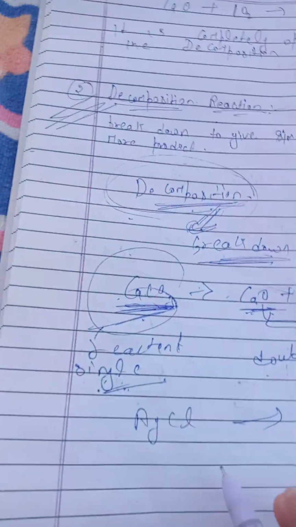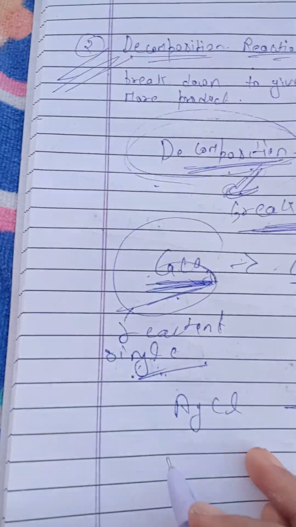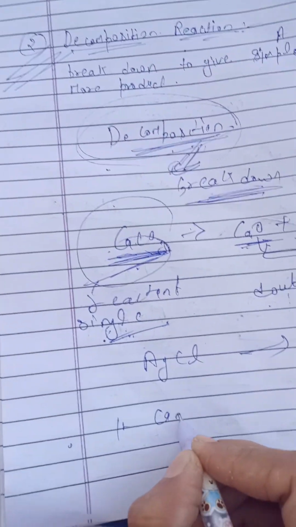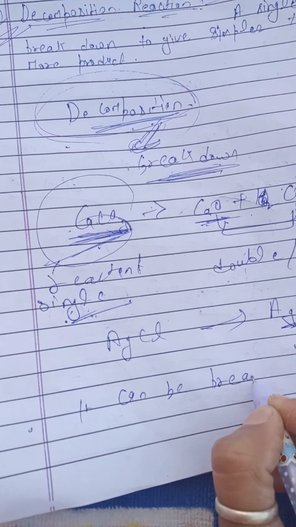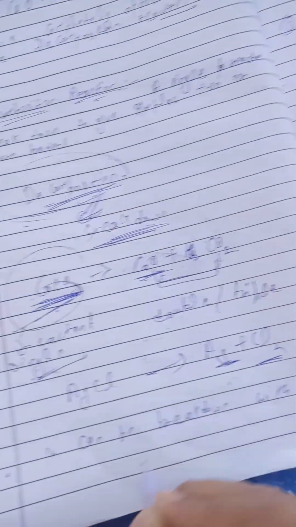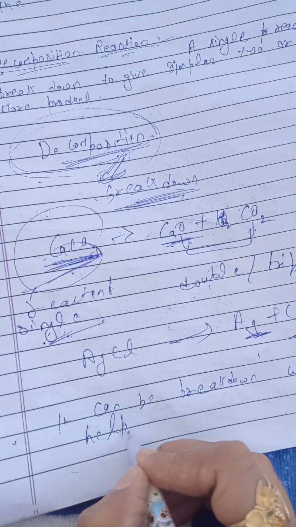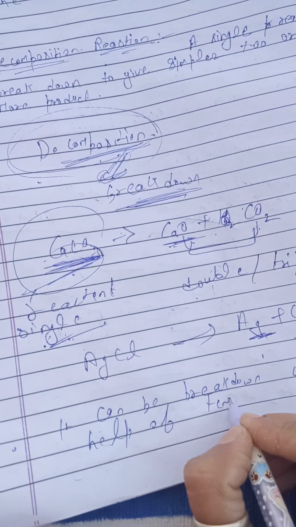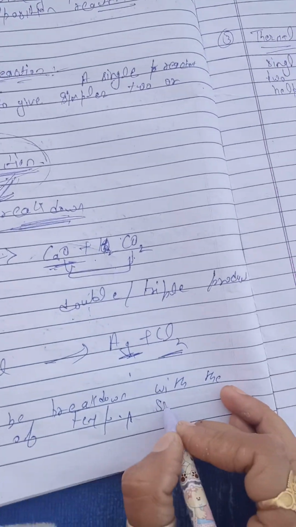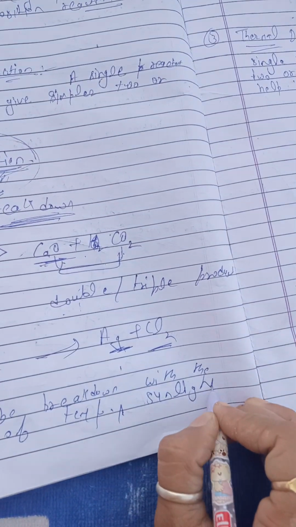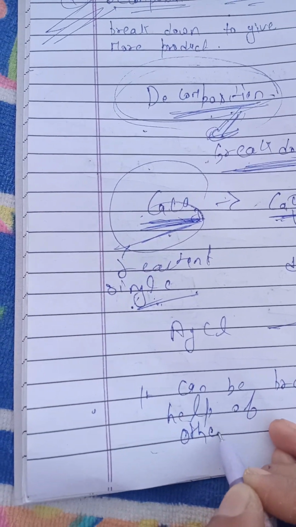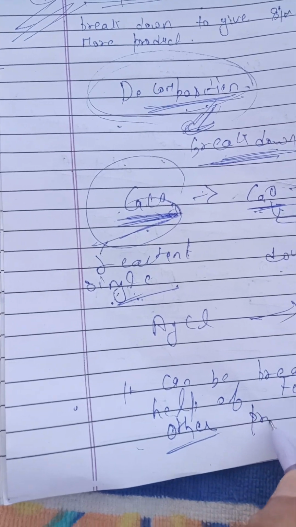A decomposition reaction can break down with the help of temperature, sunlight, or other processes.